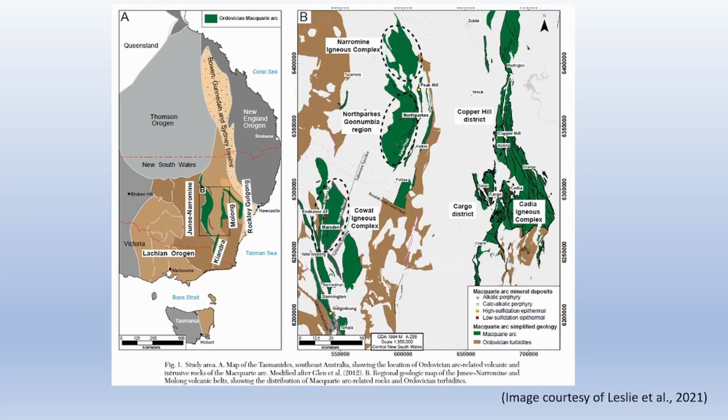To unlock the whole potential of this arc, you need more than drills. You need zircon chemistry, structural mapping, and precise geochronology. If you compare it with other arcs, we can say that the Macquarie Arc of Australia is just like the Andean Arc, and it's Australia's equivalent of the Andean Arc.